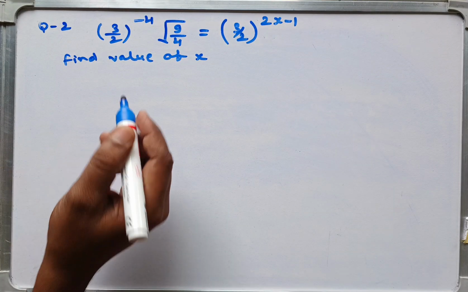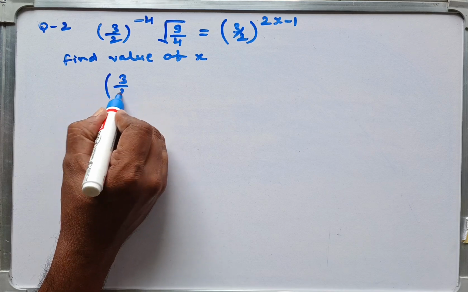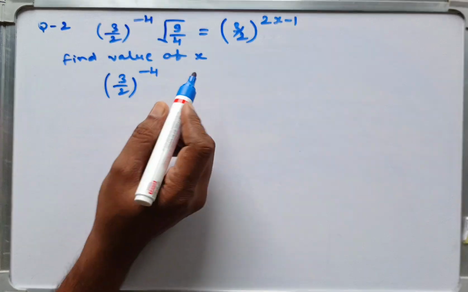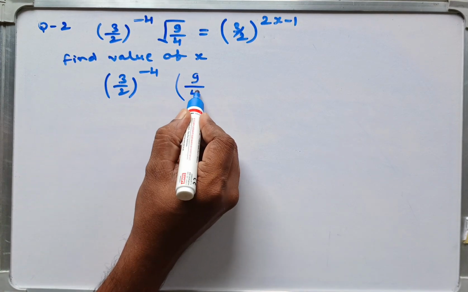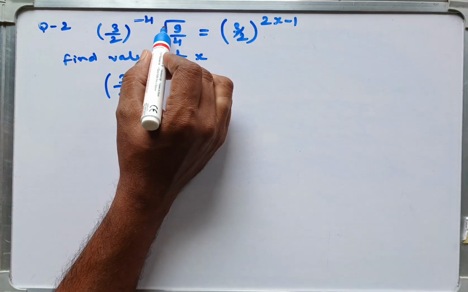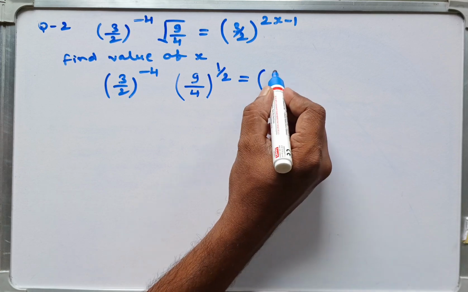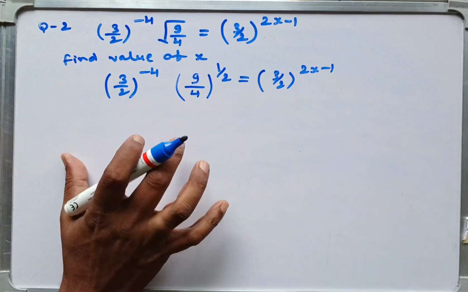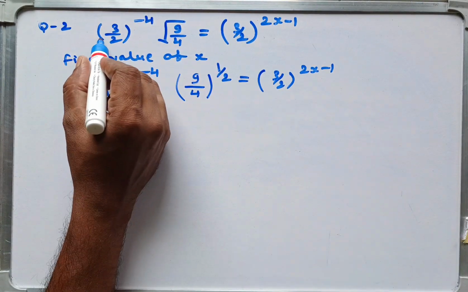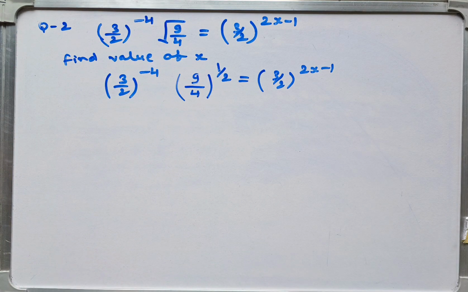Okay, so we can write this one (3 by 2) to the power of minus 4. We can write 9 by 4, and this one is a square root, so to the power of 1 by 2, equal to (3 by 2) to the power of 2x minus 1. What we are doing here, we are seeing the base is 3 by 2, so we are making all the bases 3 by 2.